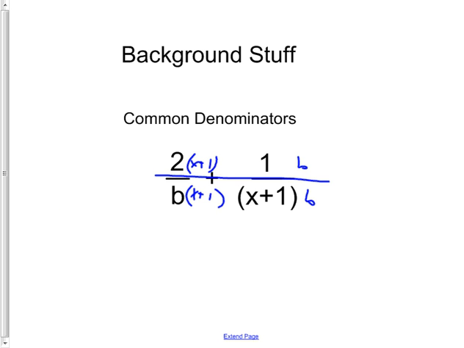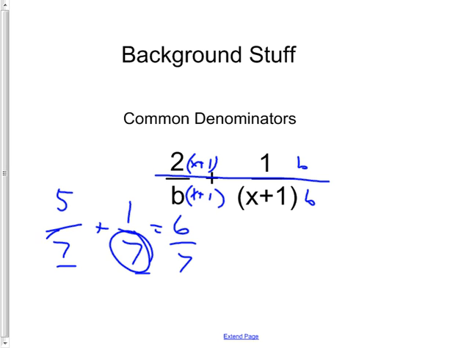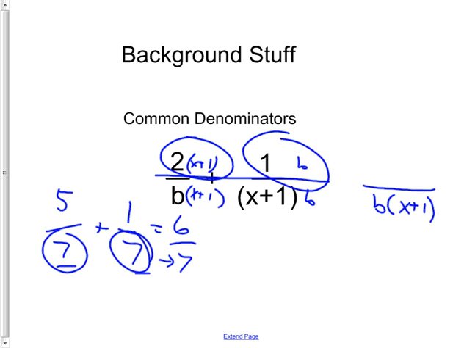Notice if I add 5/7 plus 1/7, I don't get 6/14, I get 6/7. The denominator stays the same, see? So this denominator stays the same. And so the denominator would be b times x plus 1. And the top of it would be 2x plus 1 plus b.